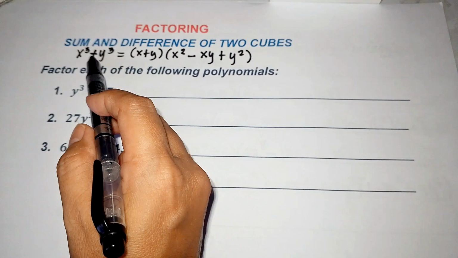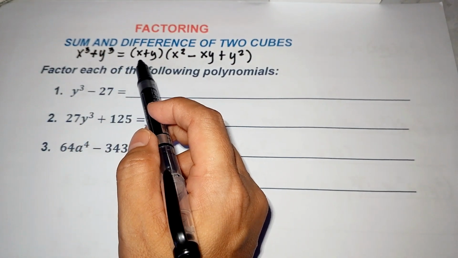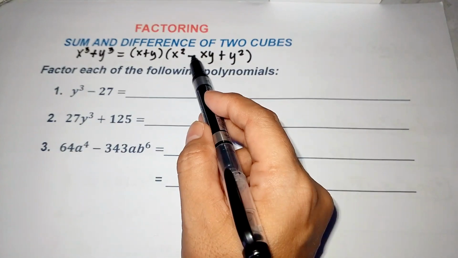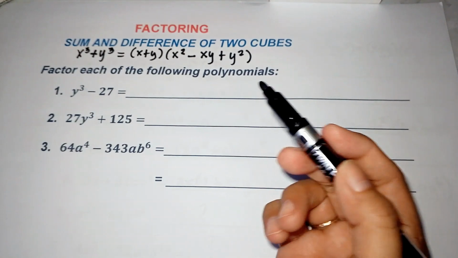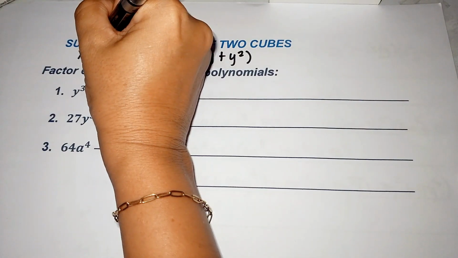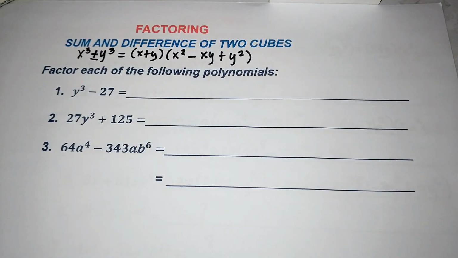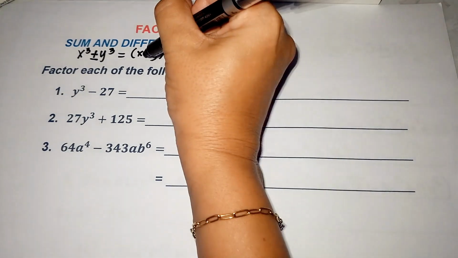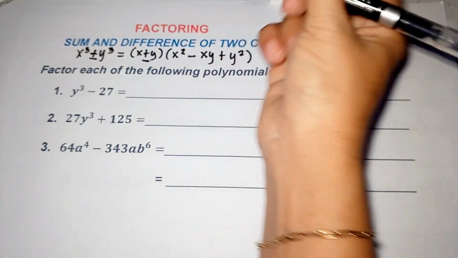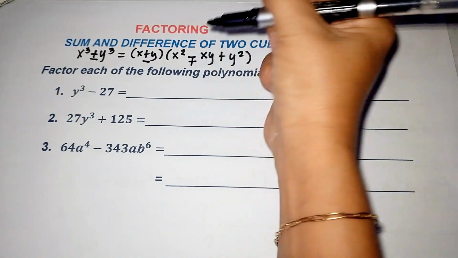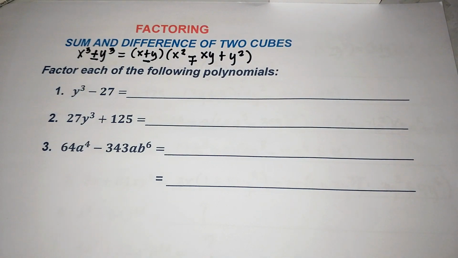If we have here a sum, then this binomial will also be a sum. Then here, there will be a minus sign. On the other hand, if this is a difference of cubes, x cubed minus y cubed, this will be minus also, and this one should be plus or positive.